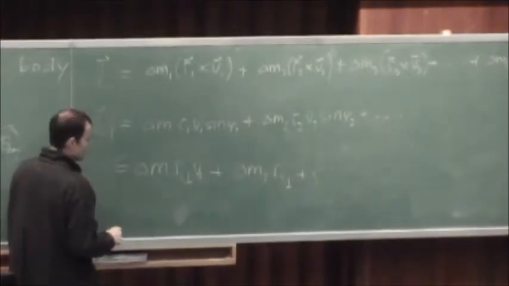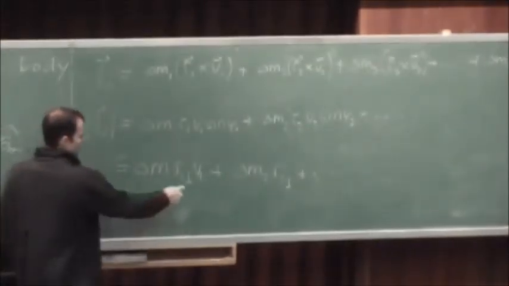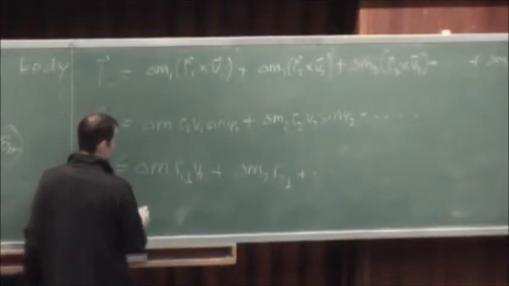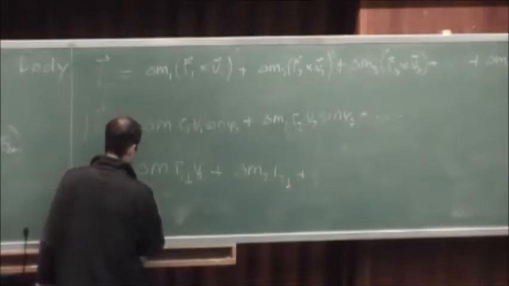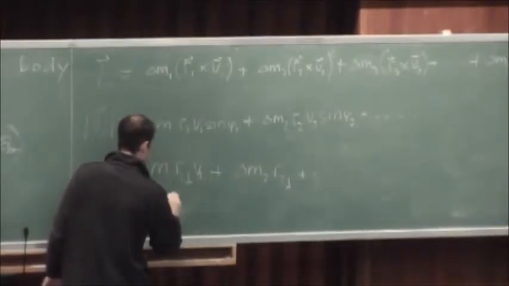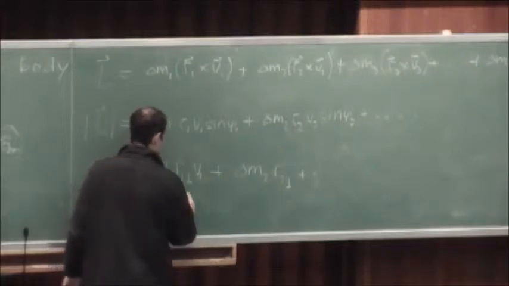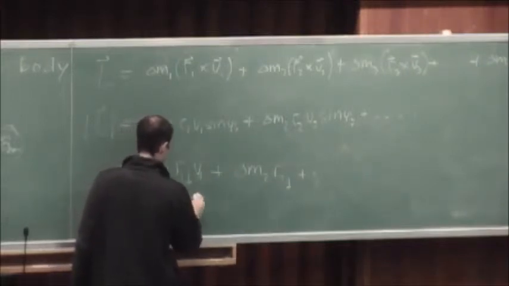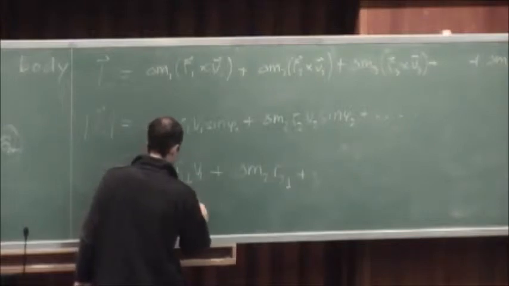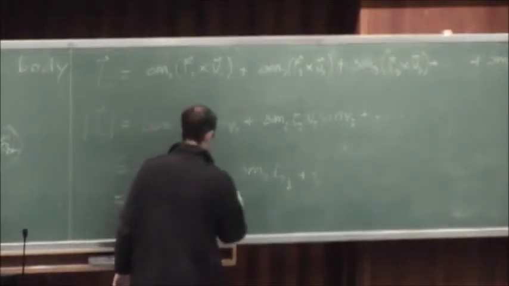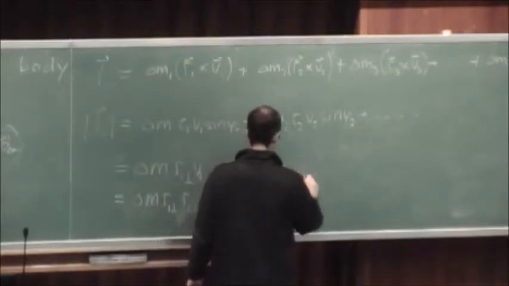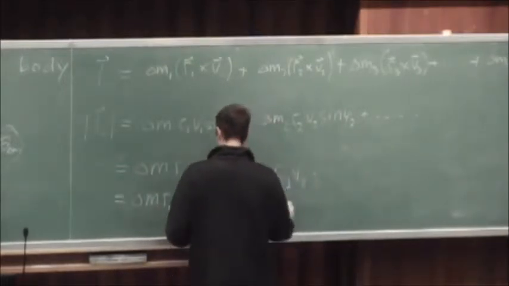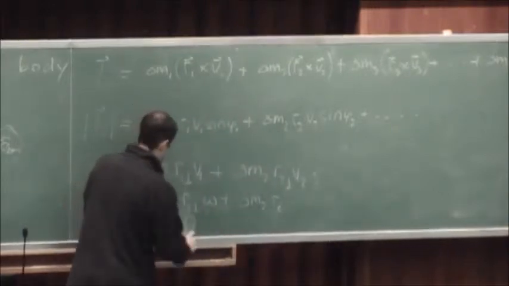But V1 is simply omega times R perp. Let me write this out.